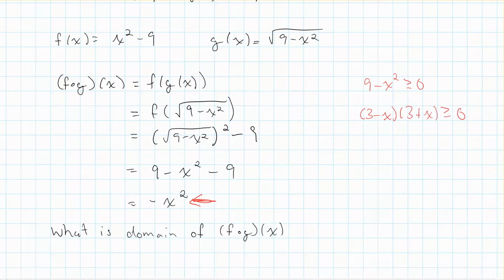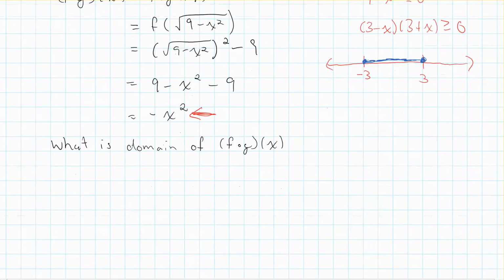And so if we look at our number line here, and we have -3 and then 3. Now I'm going to skip some of the computations. If we go through and plug in some values, we'll see that the intervals that are valid are from -3 to 3.